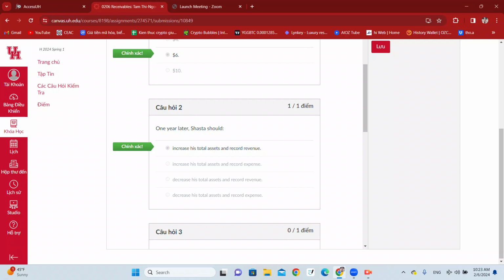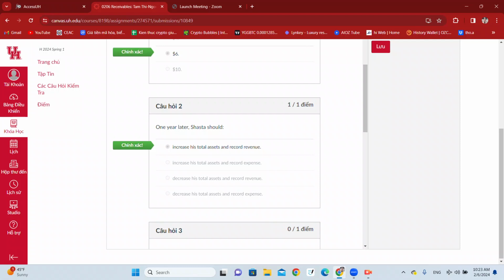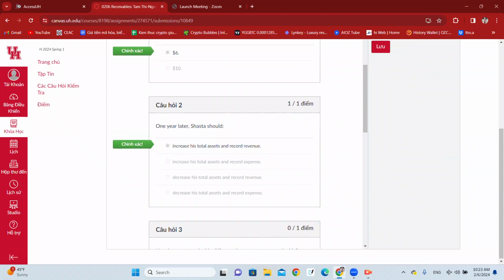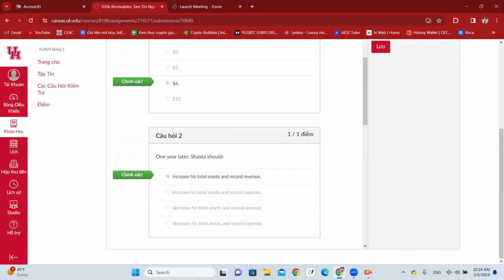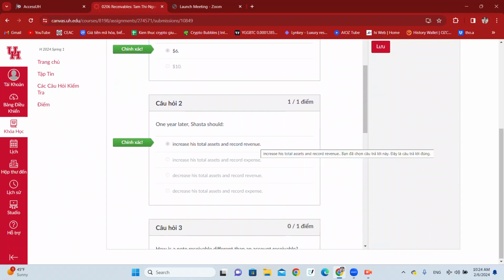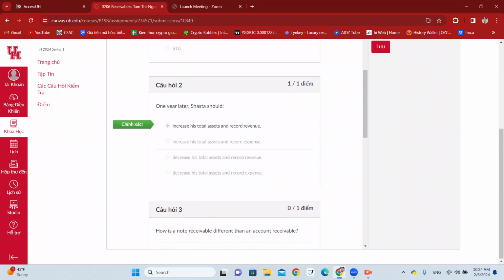And when you decrease assets, the value of the company goes down, and that would be expense, not revenue. So it's either increase assets, create revenue, or decrease assets, create expense. And because the present value is increasing each year for those 5 years, it's the first answer. It's not the second answer.